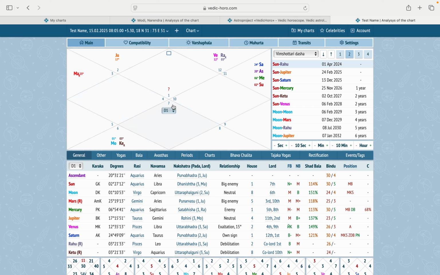Next, we will go to the seventh house. The seventh house is the house of intimacy. It is the house of close relationships, partnerships, recognition, and even business relationships. In fact, this house represents any written agreement, signed contract, any prize or certificate.